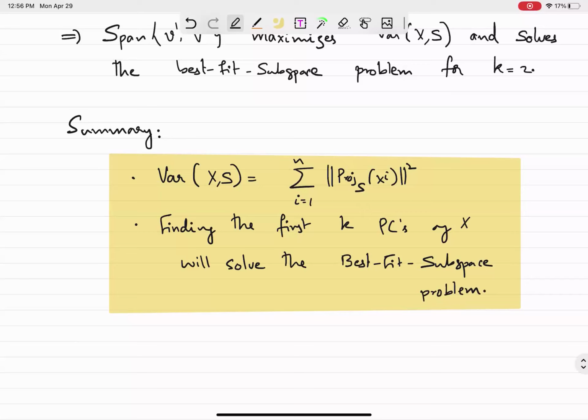It is helpful, but we still haven't really solved the problem, because it almost looks like we reduced it to finding the principal component, but we now have to discuss how to find the principal component.